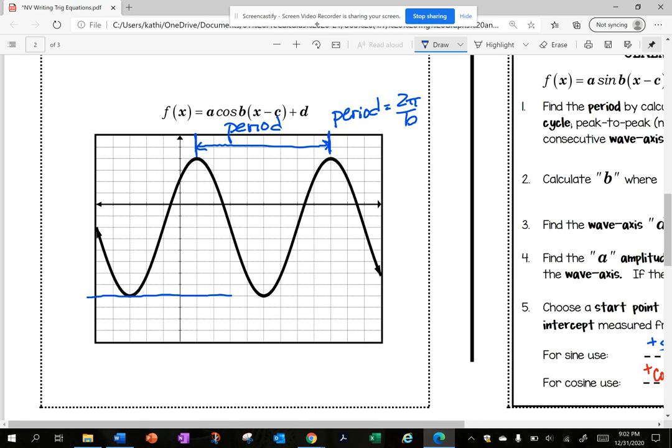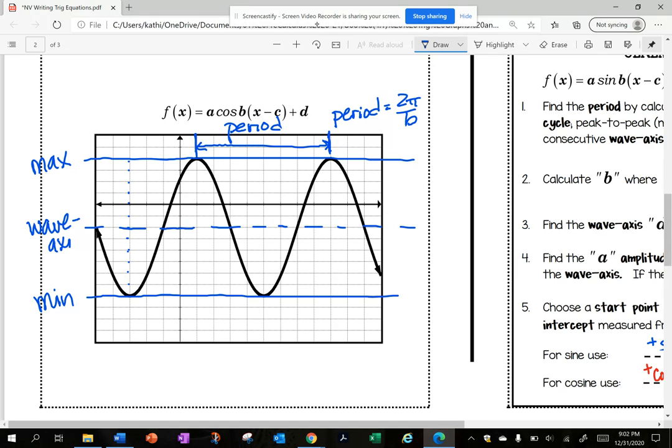I like to set up my minimum and my maximum. Just kind of frame it in. Here's my wave axis. Okay, so I'm going to show this as one cycle for a cosine.